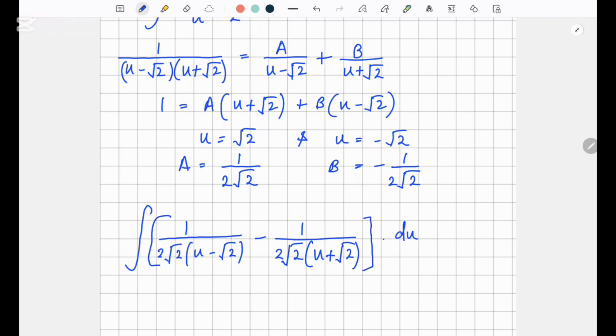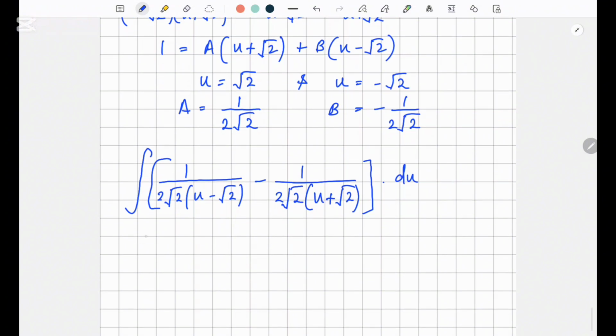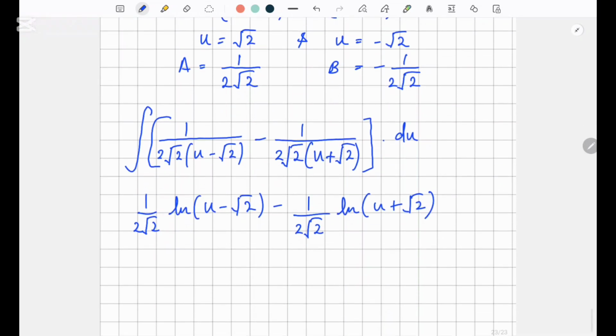This is easy. It's ln functions. So your answer is 1 over 2 root 2 ln u minus root 2 minus 1 over 2 root 2 ln u plus root 2. This is for that integration.